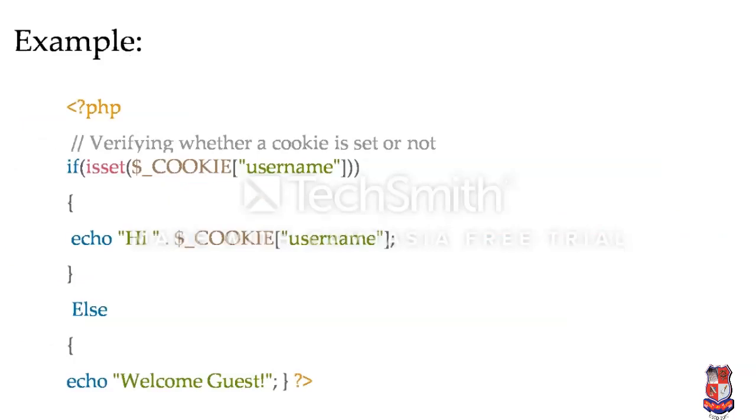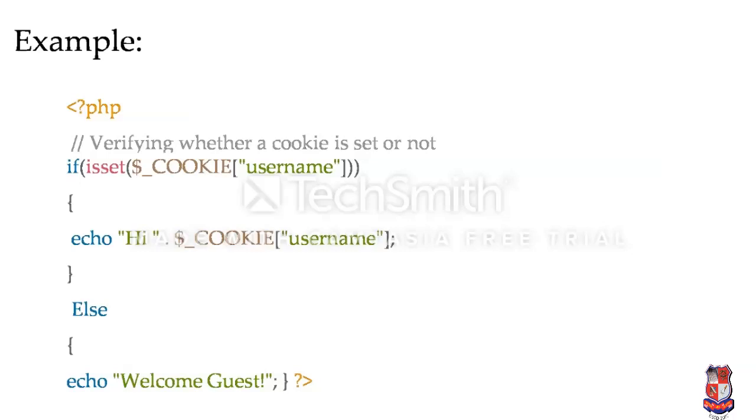Now we want to check whether the cookie is created or not. For this, you have to use the isset function. I will use it as a condition in if. In the brackets, isset function, $_COOKIE square bracket and then the name of the cookie. Here we are using username as the name of the cookie.